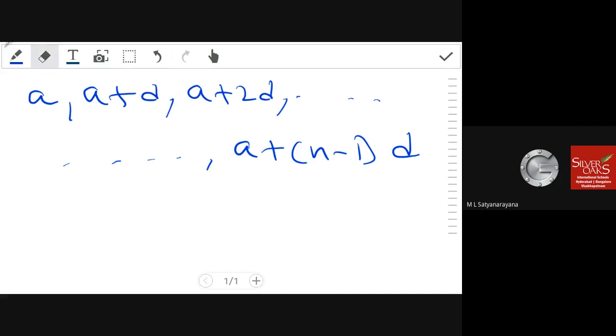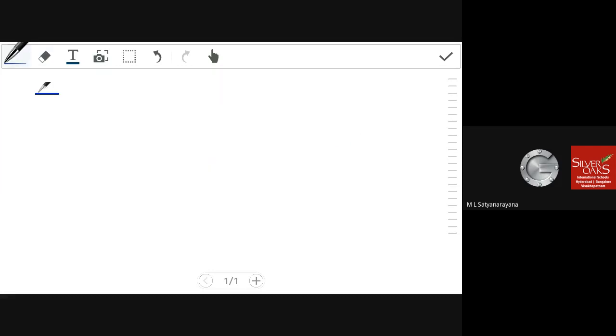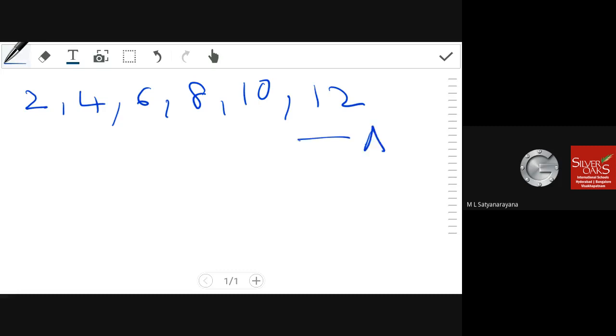Now, let's discuss some more interesting points. Like I told you, let's take the series 2, 4, 6, 8, 10, and 12. The first thing to observe: is it in AP? Yes, it is in AP, arithmetic progression. Why? 4 minus 2, 6 minus 4, 8 minus 6, 10 minus 8, 12 minus 10, the difference is the same.